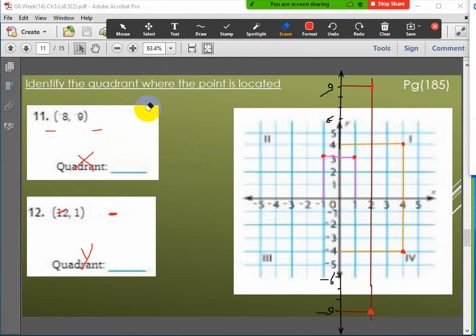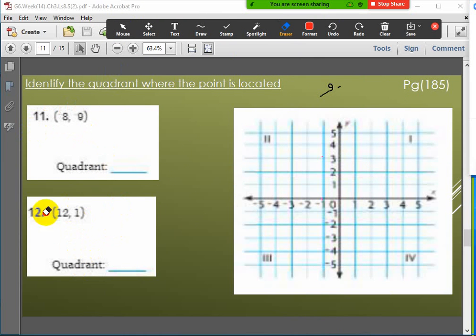Identify the quadrant where the point is located. So I will erase those to know in which quadrant this point is located. Who will tell me the first one? Negative 8, negative 9. I think this is very easy. You have to know it will be in 1, 2, 3, or 4. So, yes, Yusra, open the mic.